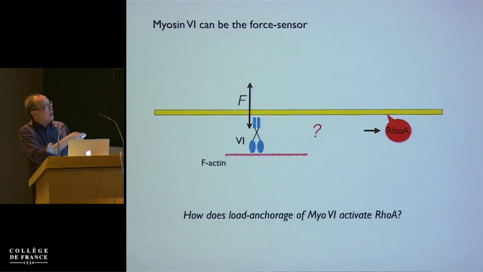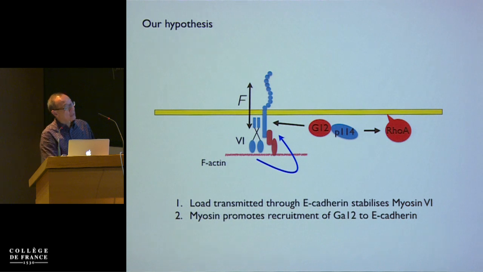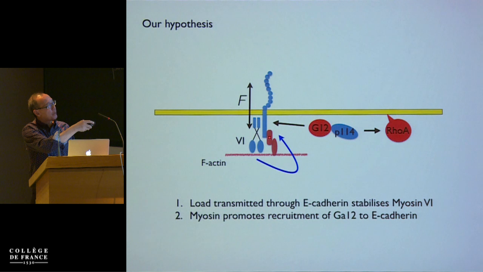The question then is, how did that force sensor connect to the downstream elements of the pathway? And the hypothesis is that when myosin 6 stabilizes and couples to E-cadherin, it might promote the recruitment of this signaling pathway to the cadherin and hence to the junctions.